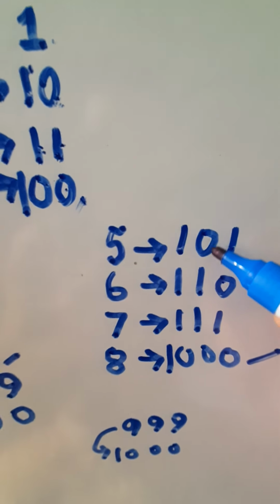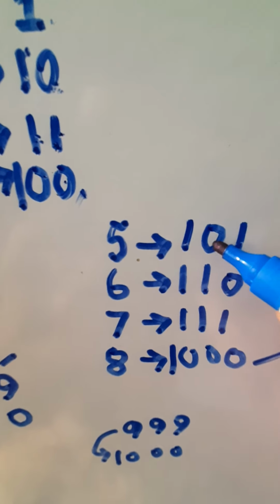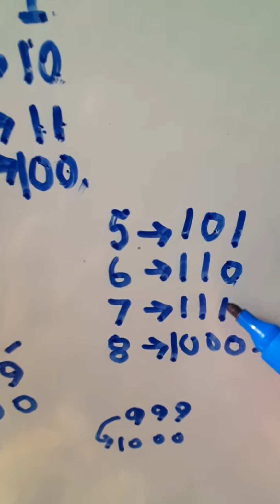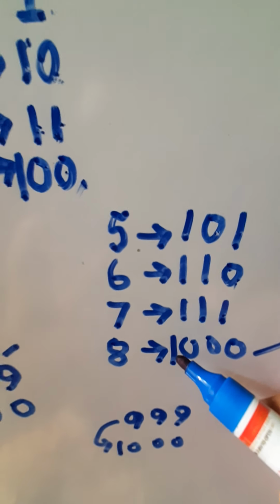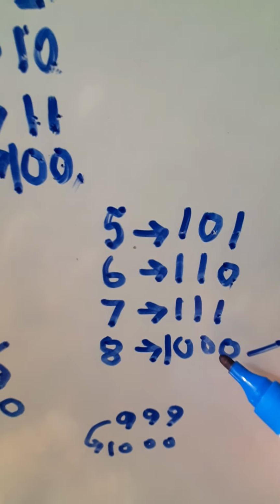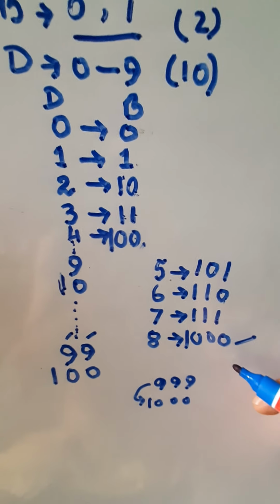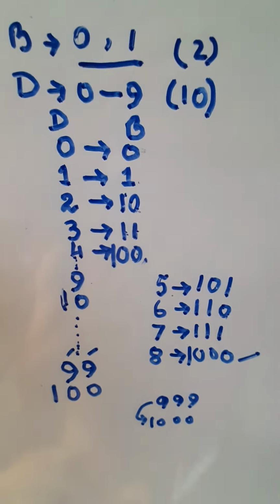This will be 0, this will be 1, because we can put 1 here. This has reached the maximum, that is, 7 has reached the maximum, so in case of 8, it is 1000.